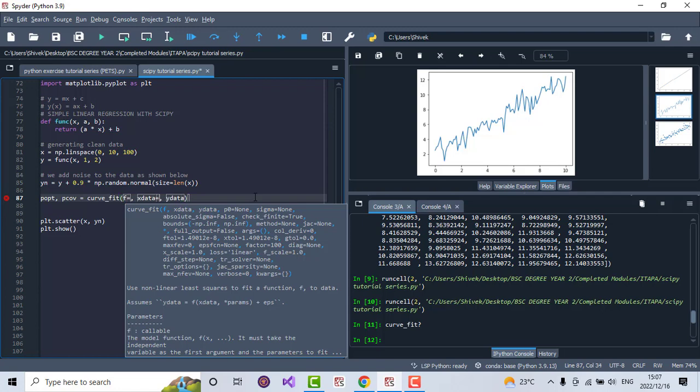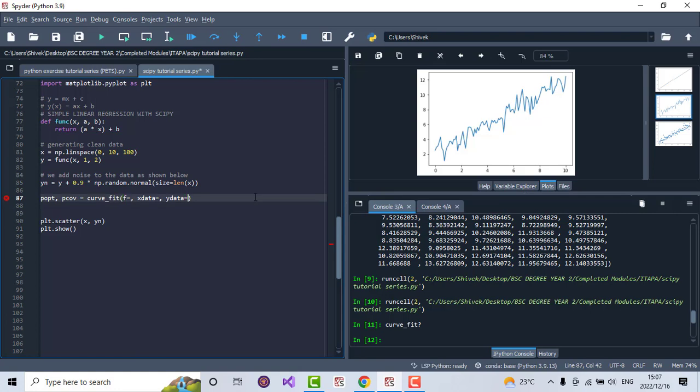There are three important ones: f, x data and y data. So I will space these out for you. f is the function, in our case it is func, that straight line graph equation. X data will be the x values, and for y data, let's use the data points that have noise in them.